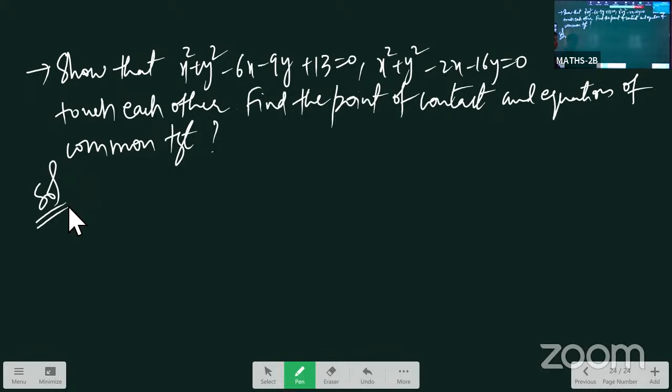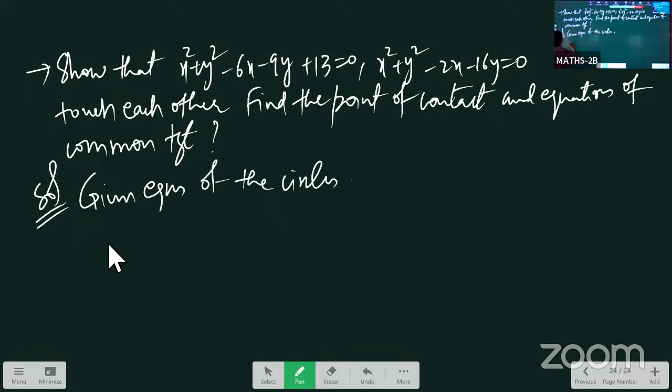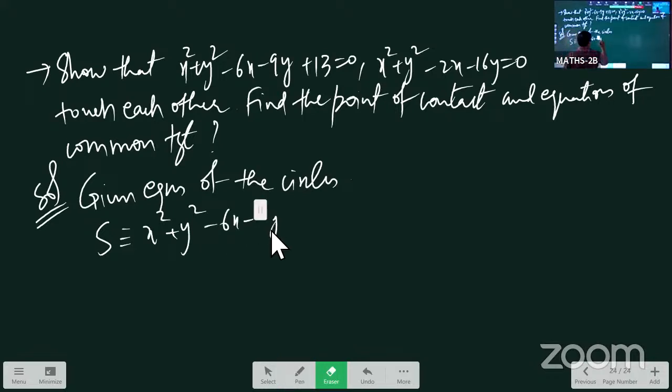Same way of approaching again. What is the given equation of the circles? Let one circle you take as S. What is that S? x square plus y square minus 6x minus 9y plus 13 equal to 0.